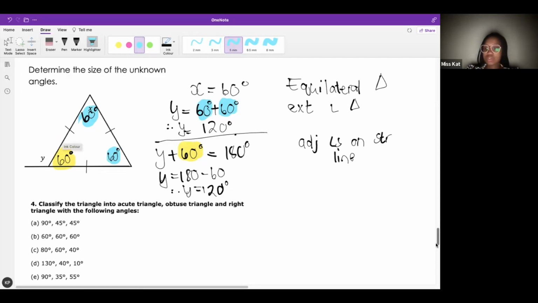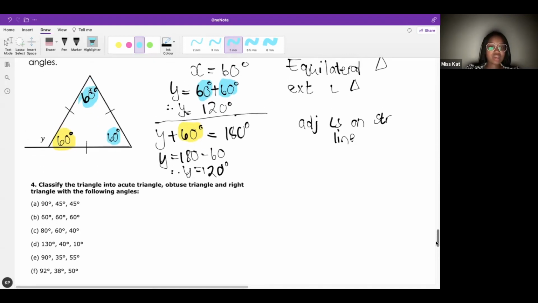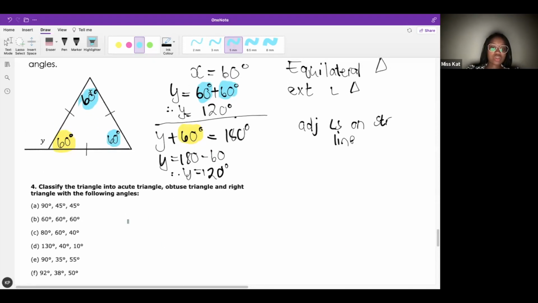Now let's do the next one. Classify the following triangles into acute triangle, obtuse triangle, and right triangle with the following angles. Let's classify them. Number A. The bank says obtuse.